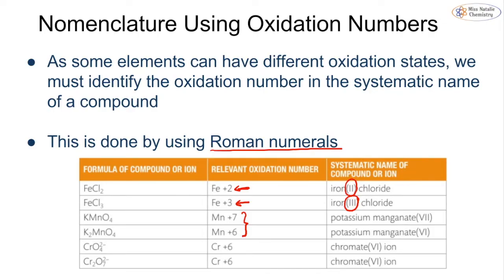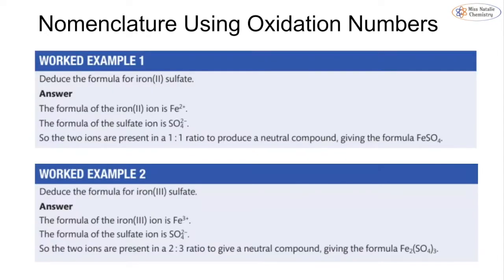Here, CrO4 2- and Cr2O7 2-. In this case, both of them are +6. So both of them would be called the chromate(VI) ion, but sometimes you may see this bottom one written as dichromate ion. But it's always important that you put in the brackets with the Roman numerals.